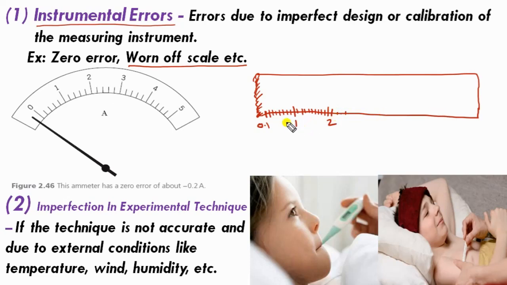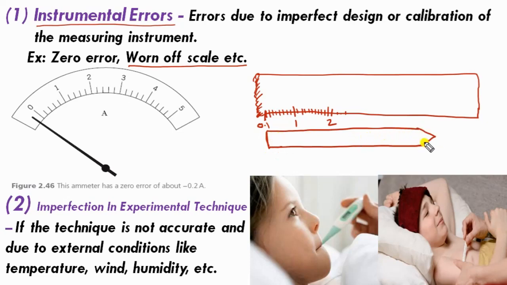It will continue. Okay, so if I measure the length of any object using this scale, I will match one end of the object being measured with 0.1 of this scale instead of 0. In case it was a normal scale, I would have matched one end of my object with 0, but since this scale is starting from 0.1, one mark is missing from the end, so the end of any object will be matched with 0.1 of this scale.